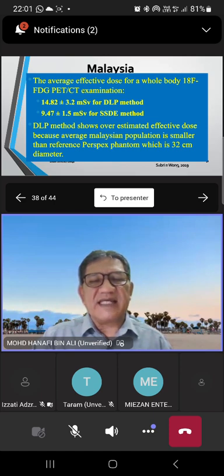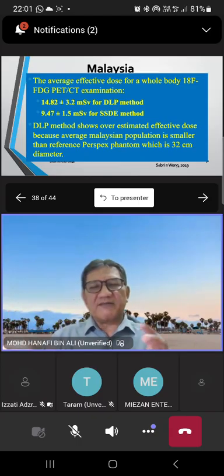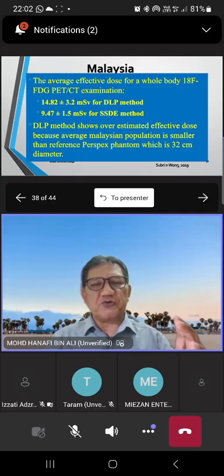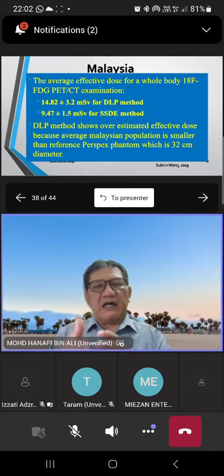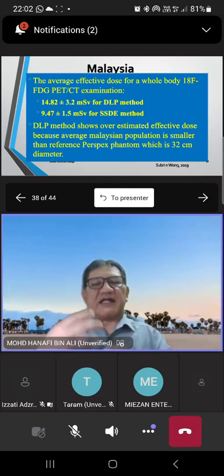We call it SSDE, size specific dose estimate, where we have to calculate the size of our body, then how much exposure we need to use. And another thing is that they use an automated sensor so that we can reduce and increase the radiation dose to the patient.